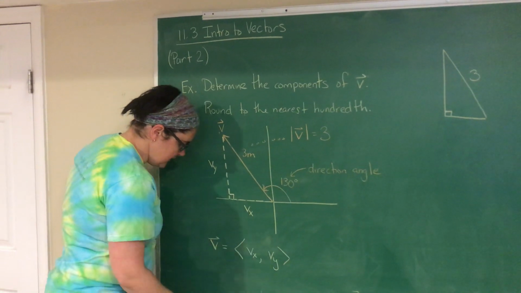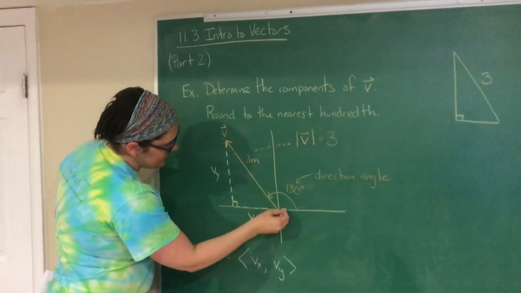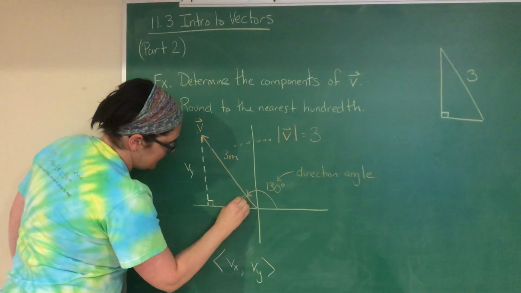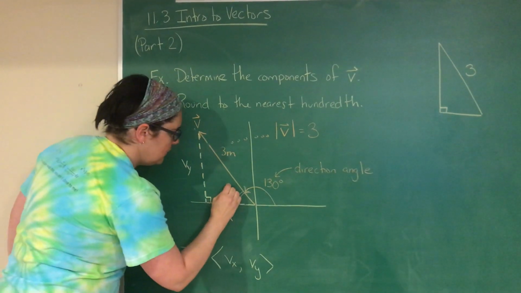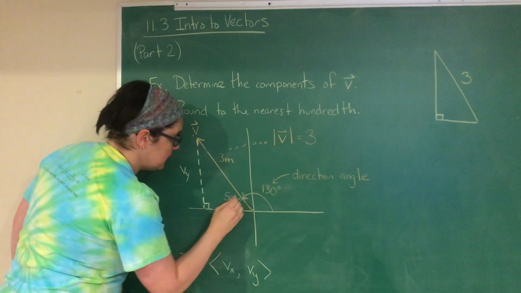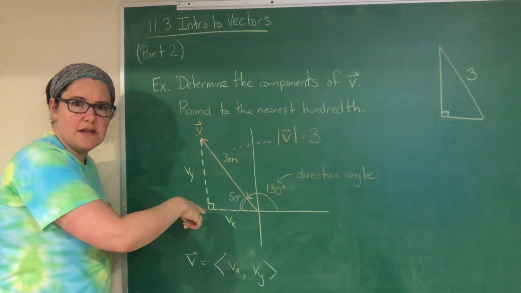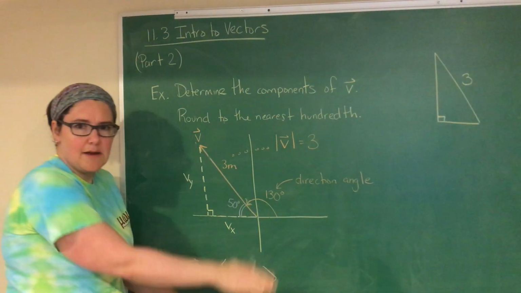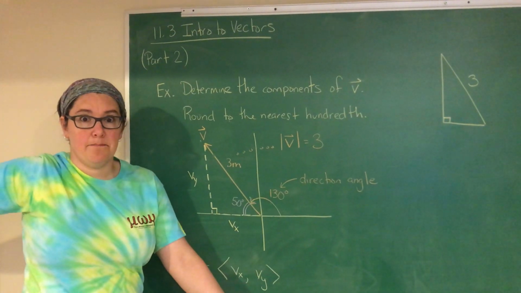And the other thing I know is that once I have this angle of 130 degrees, the reference angle in this triangle will be 50 degrees, because the total is 180, and if we go 130, I need 50 more to get me to a full 180.